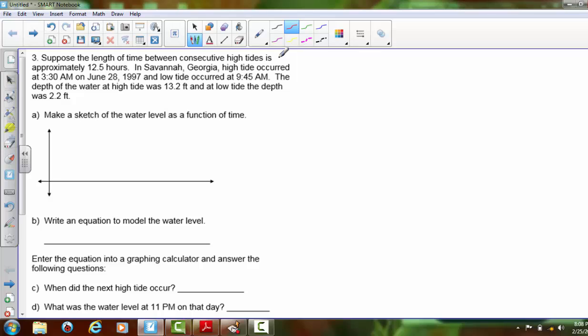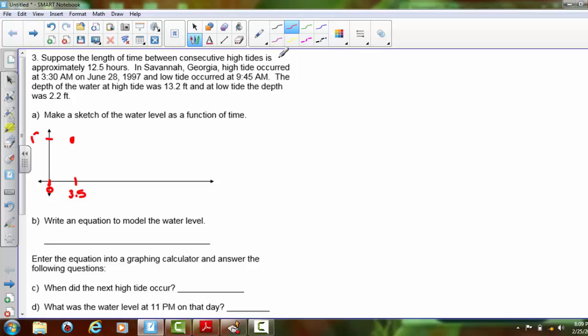Okay, so if I'm thinking of a day, because 12 and a half hours is part of a day, if I'm representing this as 0 time, then at 3.5 hours into my day, I have a high tide of 13.2 feet.